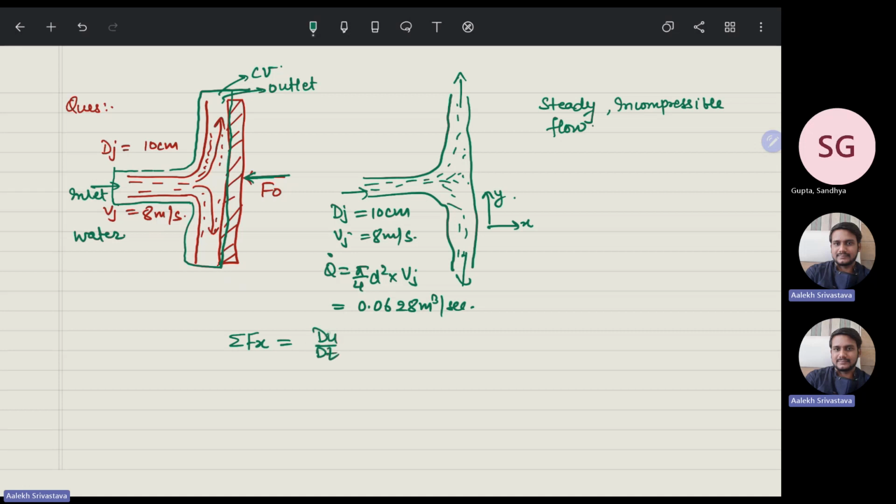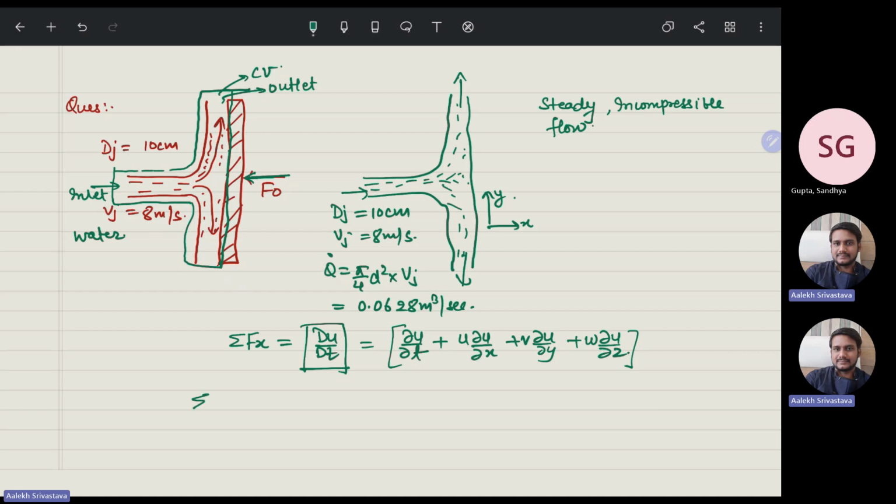So the summation of all forces is equal to the material derivative of velocity, that is equal to del u by del t plus u del u by del x plus v del u by del y plus w del u by del z.